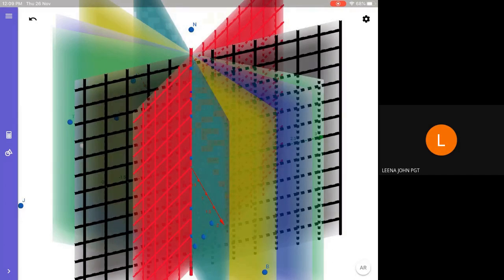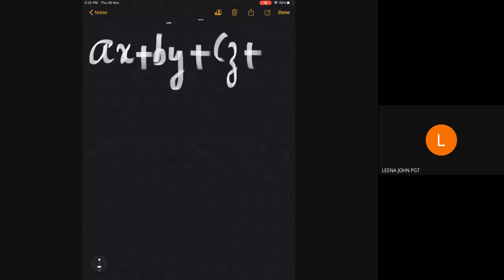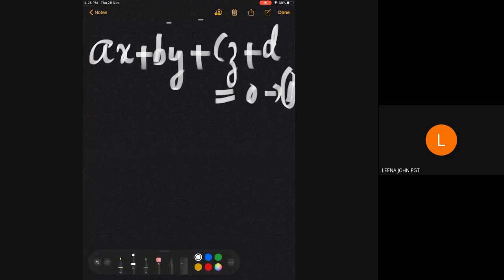So let us go. We are given two planes. Let the first plane be ax plus by plus cz plus d equal to 0. As all of you know, a first degree equation in x, y, z represents a plane in 3D geometry. And what do a, b, c, d stand for?